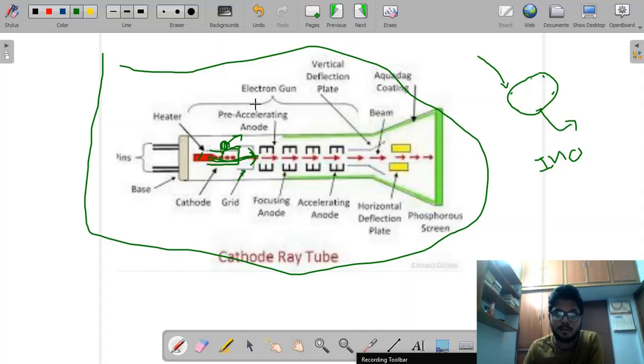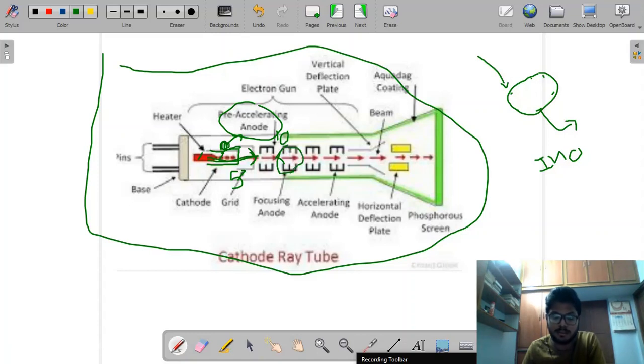Coming to the pre-accelerating anode. Assume the released electrons initially have a speed of 5. Just assume. When passing through the pre-accelerating anode, this speed may increase to 10. Again there may be dispersion, so to avoid that dispersion we use the focusing anode.